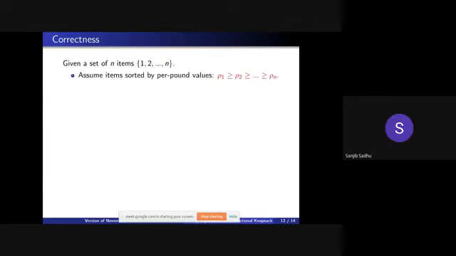These are the n items, 1, 2, 3, up to n, and you assume that the items are sorted by value per weight. This is rho 1, rho 2. For each object, please remember, rho i is Vi by Wi.